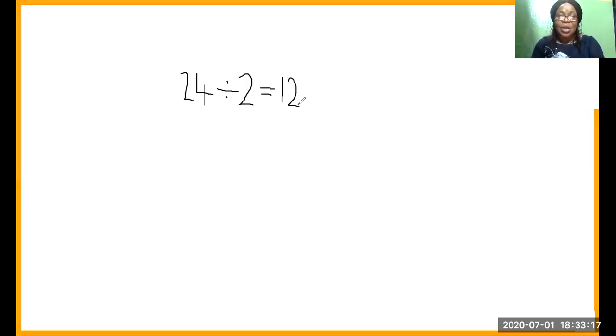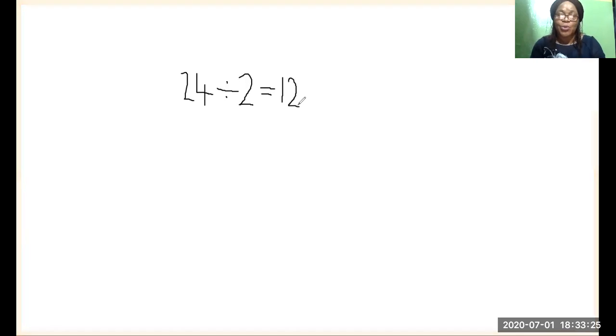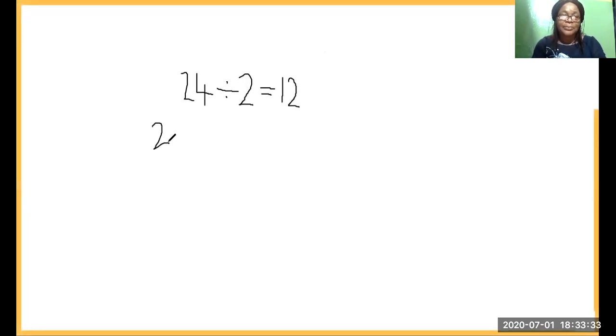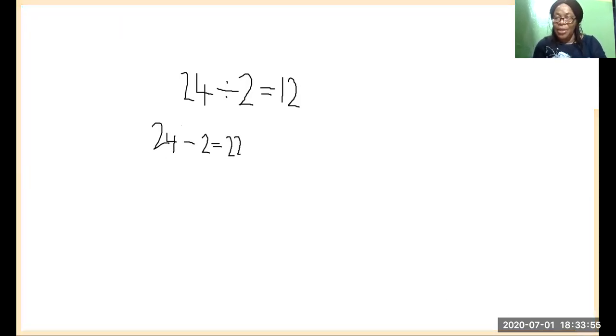How did we get this? You are able to count 24 in 2 groups. Or better still, if we must use this example, let's go there. We say 24 minus 2 will give us 22. Are we together? Okay.